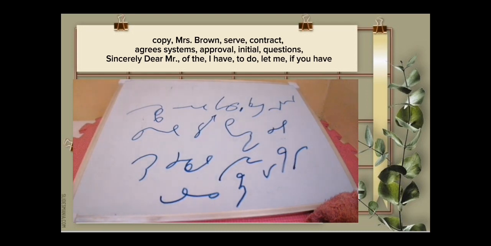And read it as: copy this, brown, serve, contract, release, system, approval, initial, questions, sincerely, dear Mr., and lastly, if you have read. And that's it for our transcription warm-up for lesson 42.